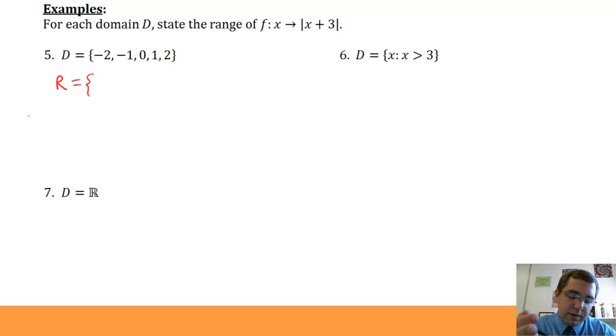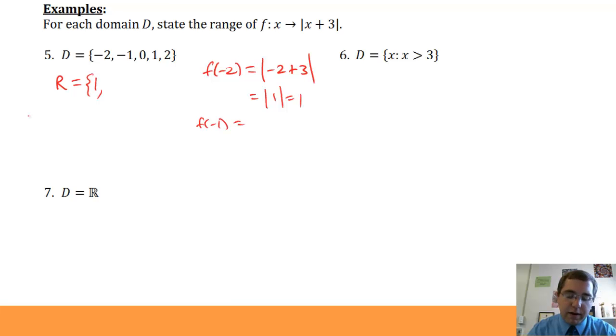If I take negative 2 into my function, I'm going to find f of negative 2, which is what I get when I substitute negative 2 in for x. I'm going to have the absolute value of negative 2 plus 3, which is the absolute value of 1, which is 1. So 1 is in my range. And I can take negative 1 and find f of negative 1, which is the absolute value of negative 1 plus 3, which is the absolute value of 2, which is 2. So 2 is in my range.